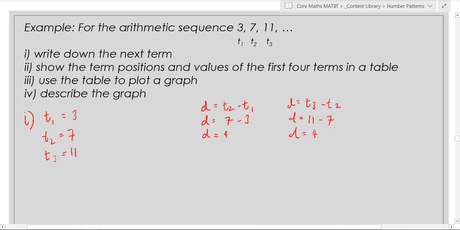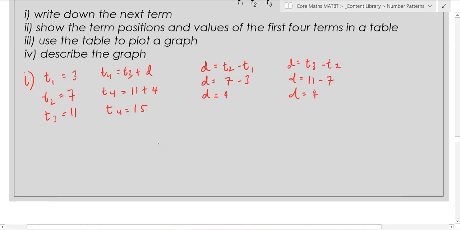So it all works out. That means to get the next term, T4, it's going to be T3 plus the common difference. So therefore, 11 plus 4. So the fourth term is 15.